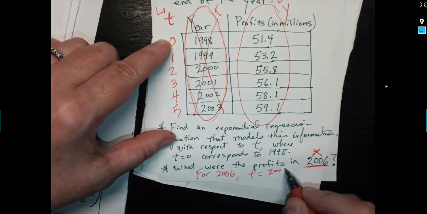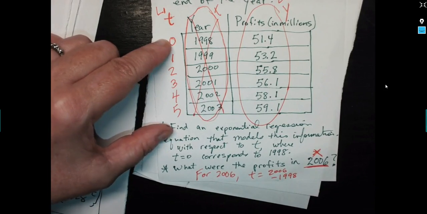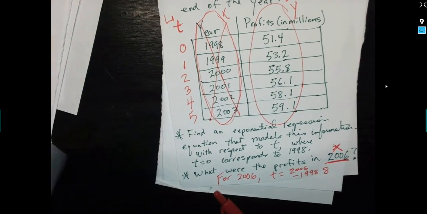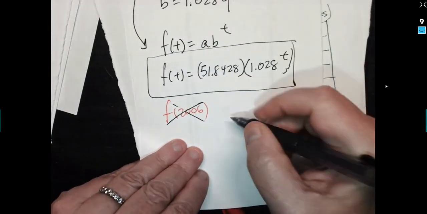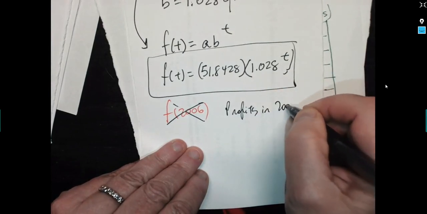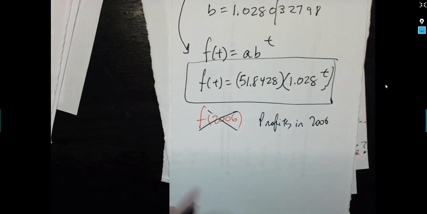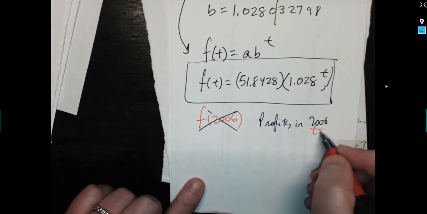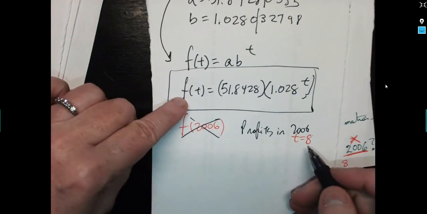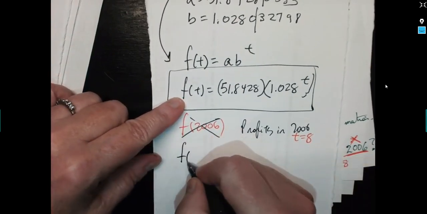So 2006 minus 1998, which is going to give me 8. So the profits in 2006, well, we have to change that to a t value, and so t is equal to 8, and now I can plug 8 into my equation.